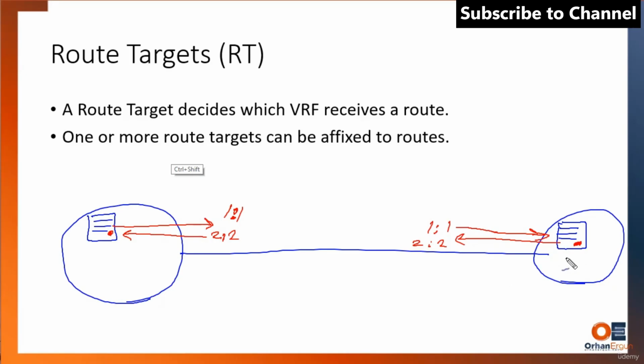Let's say that I have another routing table here, and for some reason, anything that comes from the other side with a route target of 1:1 needs to be imported here as well. So I can do that. I can say I am importing 1:1 as well.